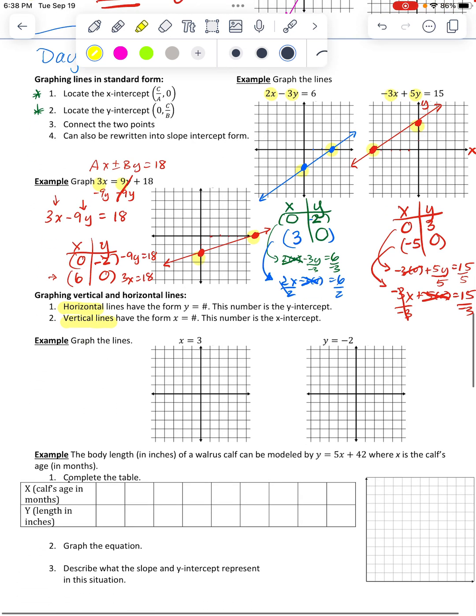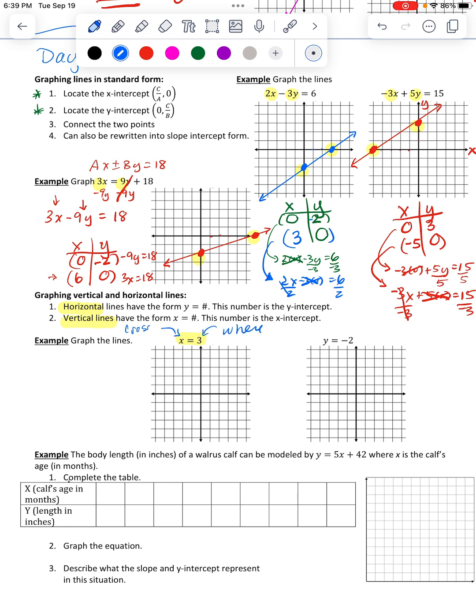When you have a line like x equals 3, you only see an x, so it's only going to cross x. So I always think this letter is the axis that it's going to cross, and this number is telling you where. So if it's only going to cross the x at 1, 2, 3, because this is the x-axis, and it's never going to cross the y, that's going to create a vertical line.